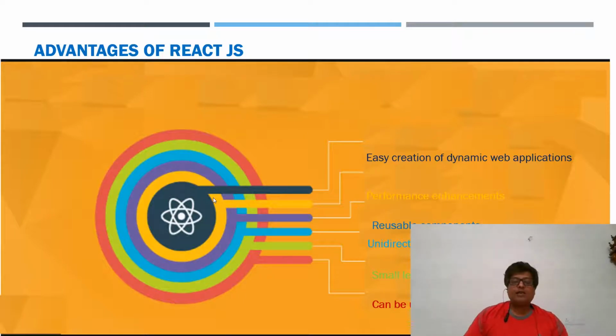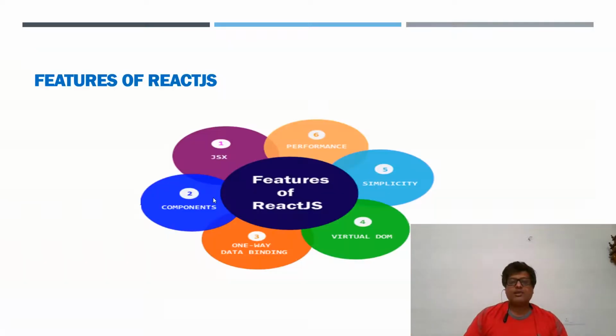It enhances the performance, the components used in React are reusable, data flow is unidirectional, and its learning curve is very small. And React.js made applications can easily be used in mobile also. So these are some of the advantages of React.js.